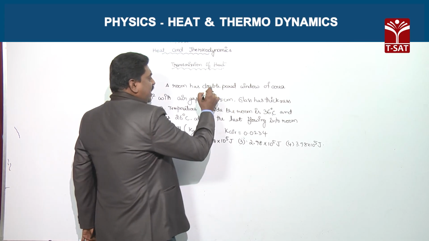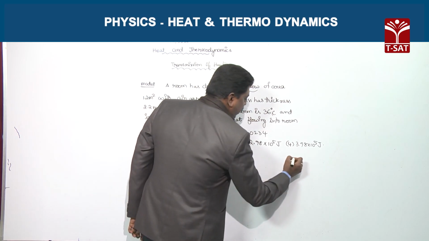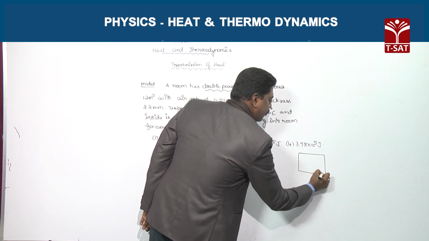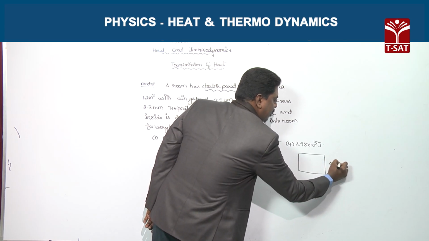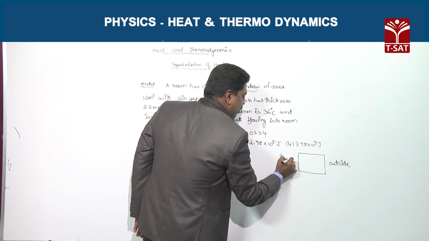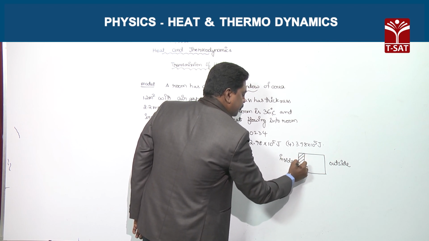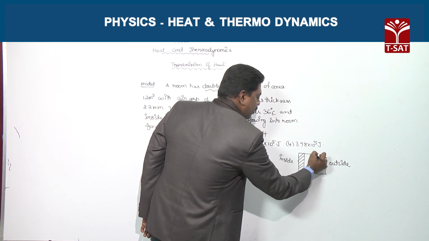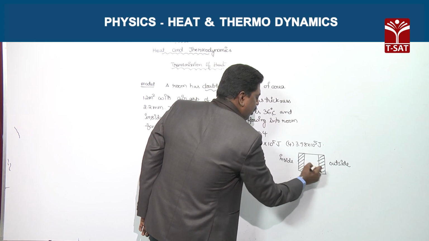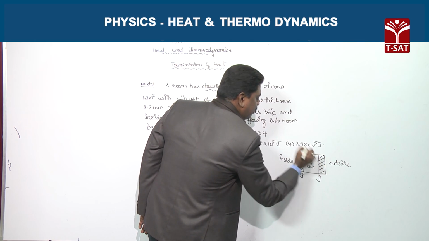He said it is a double paned window. The meaning of double paned window is there is a window like this. This is outside and this is inside. Here one glass pane and here another glass pane, and in between we have air, which is a medium.